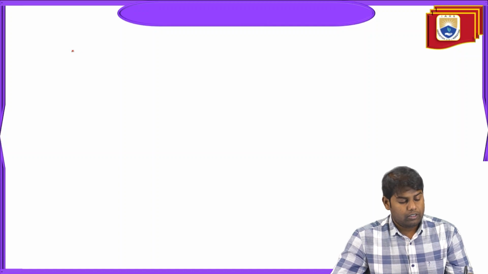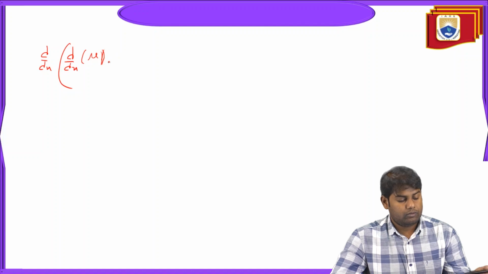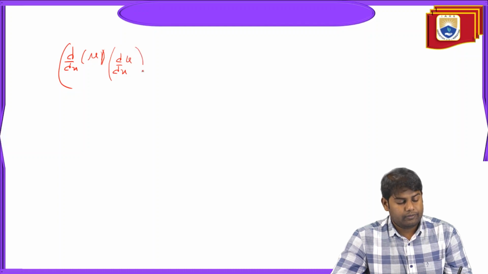So we will take d by dx of mu times d by dx of u, equal to 0.